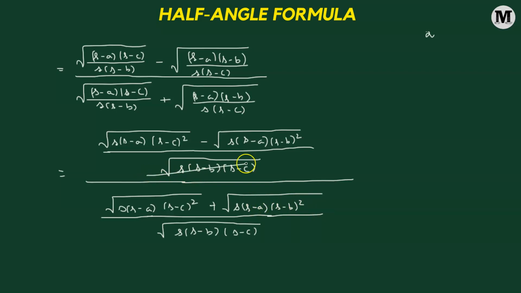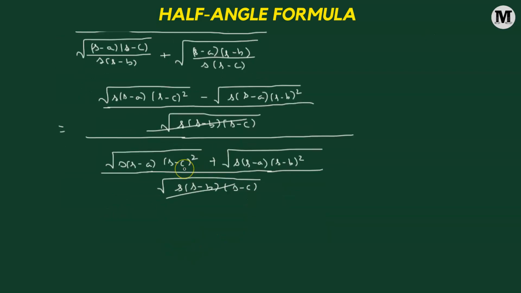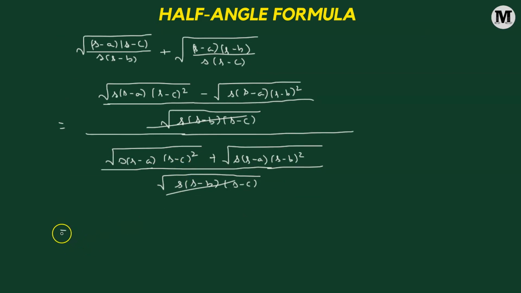Here we will be factoring out the common factor from both the numerator and the denominator. Let's pull out s minus c from the square root.